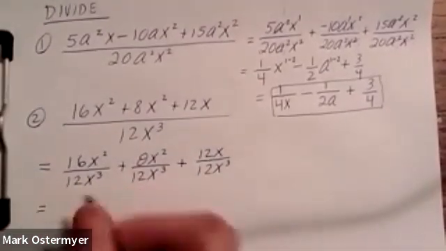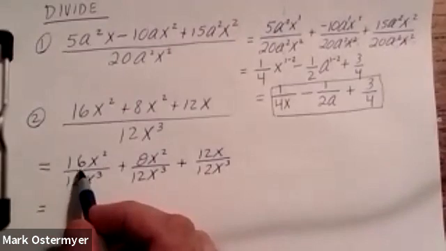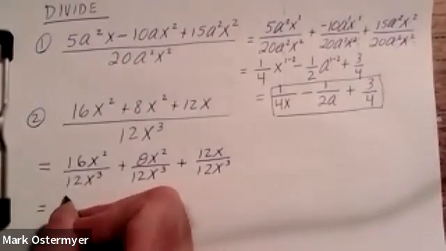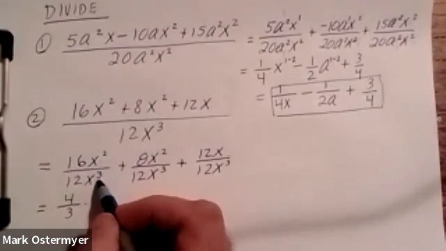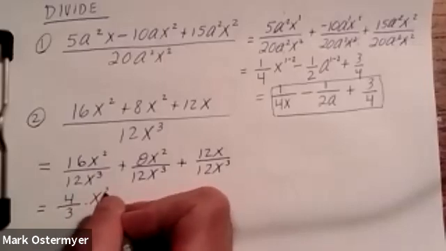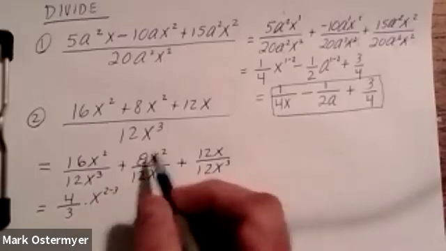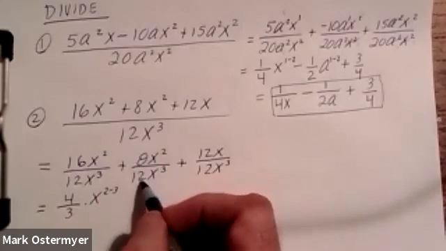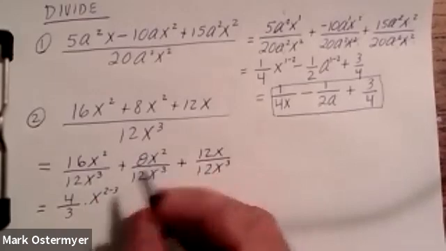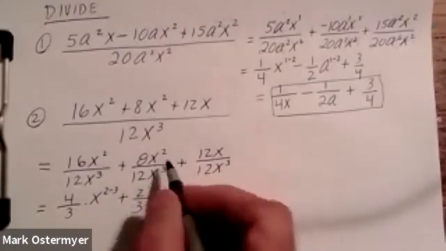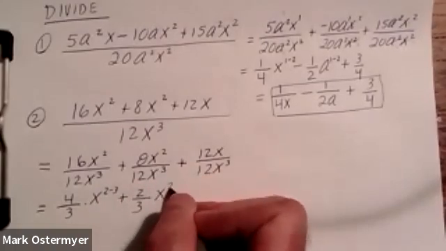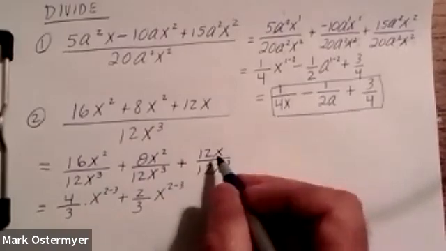Now we reduce 16 over 12, reduces down by 4, down to 4/3. X squared divided by x to the 3rd power is x to the 2 subtract 3 power. 8 over 12 reduces down by 4, down to 2 over 3. X squared divided by x to the 3rd is x to the 2 minus 3 power.